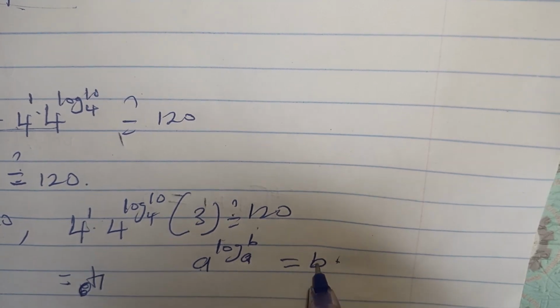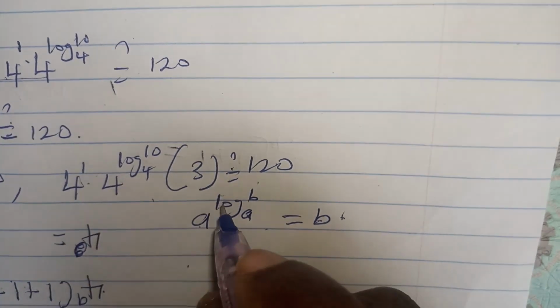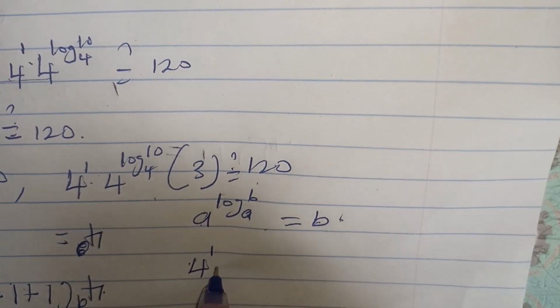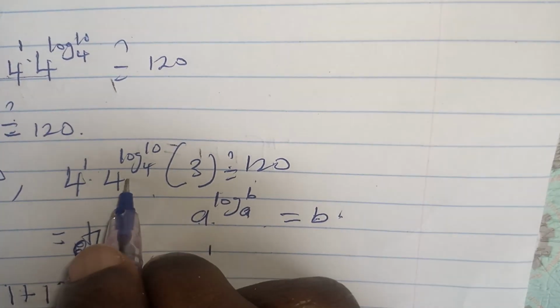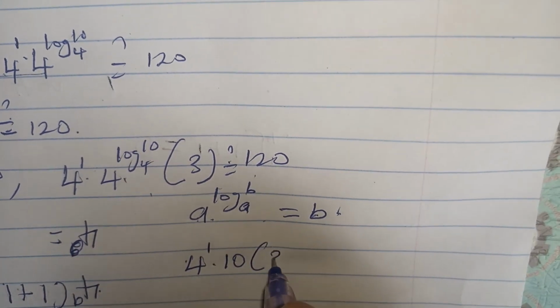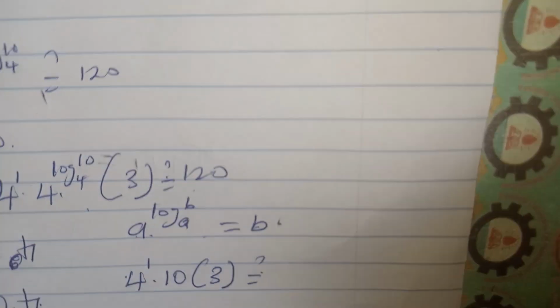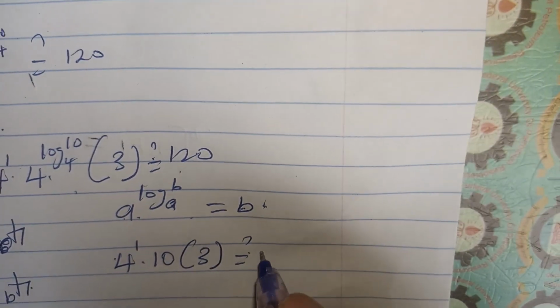So from here, if we apply this principle here, we have 4 to the power of 1 times 10, open bracket, 3, close bracket, is equal to unknown 120.